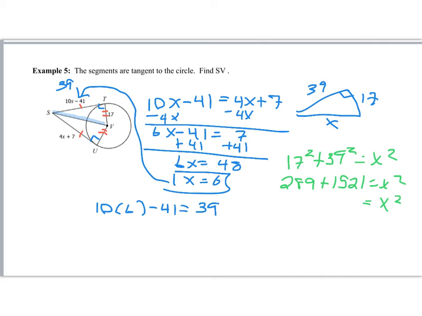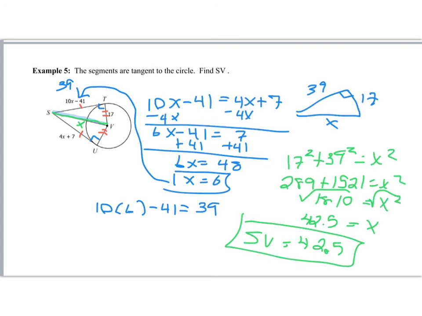So x squared equals 1,810, and then square root both sides. X is going to be equal to 42.5, and this was my x right here, so that means SB equals 42.5. So all you need to think about is you need to use the properties that were given to you.